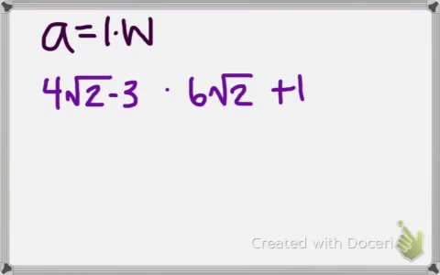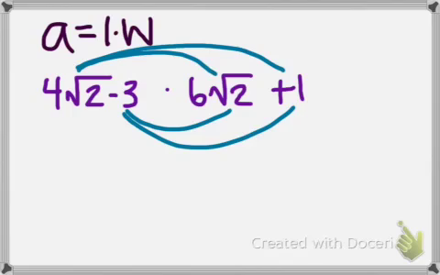Okay, so now you're trying to find the area, and that is the length times width. The first dimension is 4 radical 2 minus 3 times 6 radical 2 plus 1, and you're going to distribute. So you take 4 radical 2 times 6 radical 2, and that is 24, and the radicals cancel out, so it's just 24 times 2.